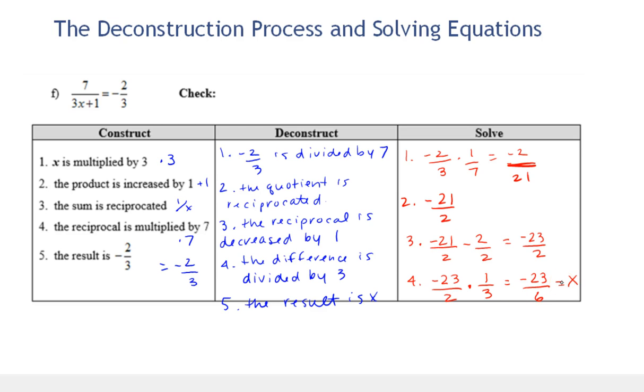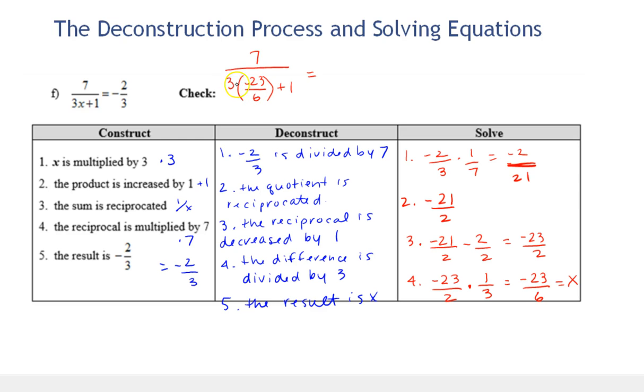Now let's check it. I'm going to need some space. I'm going to put the 7 up here, 3, and now we had negative 23 over 6 plus 1. Now let's simplify this. We perform any operations in the numerator or denominator before we divide, so we're going to start here.